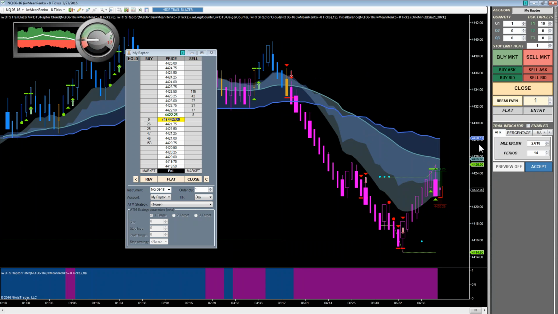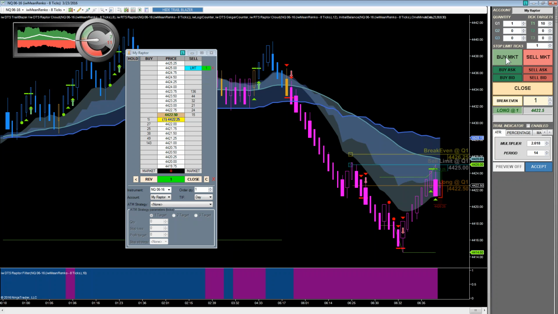Now what should happen is if I place a buy order here on my Trailblazer, I should get that reflected in my dome. Even though it doesn't work by entering on the dome, I do believe it works on the reverse. Let's try it here. Yes, it does. So you see what I've done is I've just bought at market.